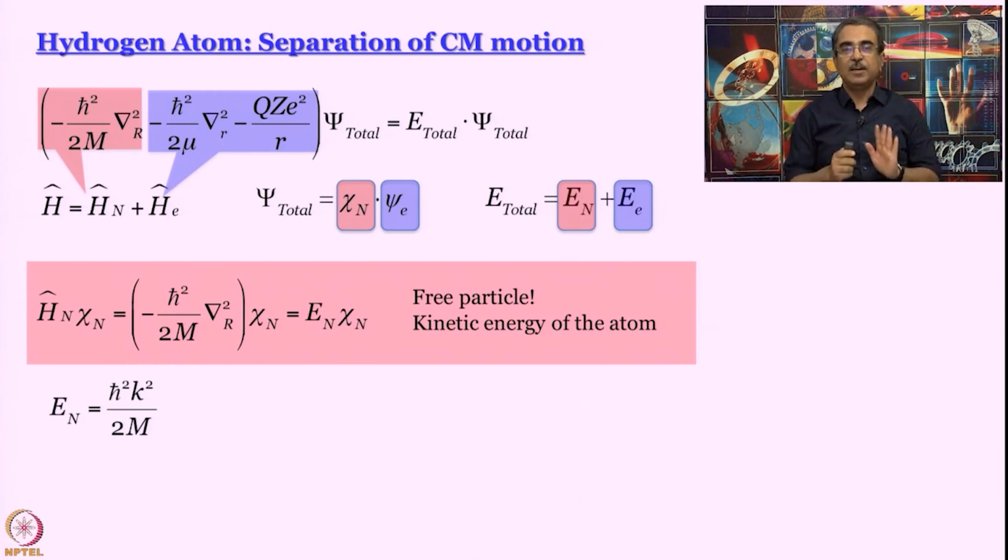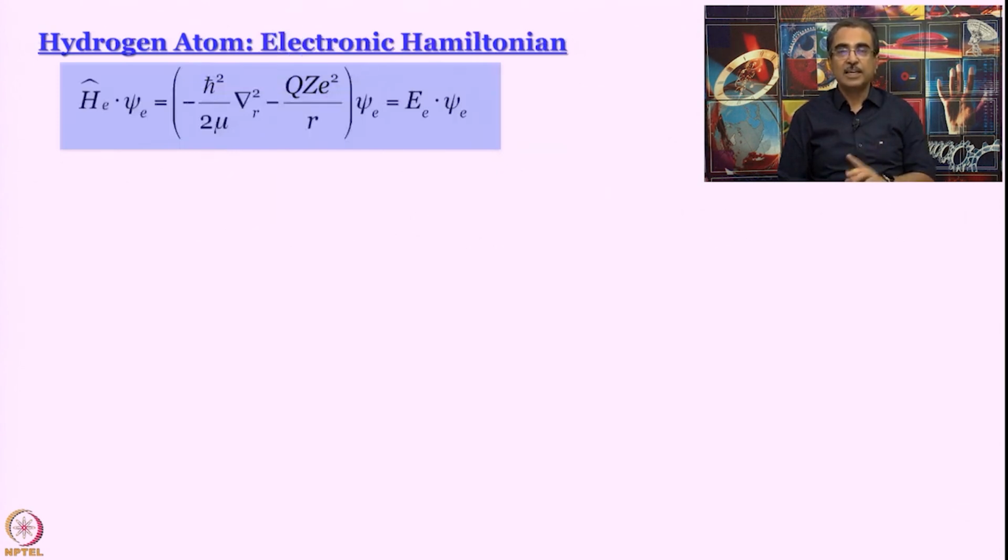That being said, we do not worry about it anymore because we are not interested in the movement of the atom as a whole. We are interested in the movement of the electron with respect to the nucleus. For that, for the rest of this discussion, we are going to focus on the electronic part of the Schrodinger equation. Now, if you have not understood anything we have said so far, it does not matter.